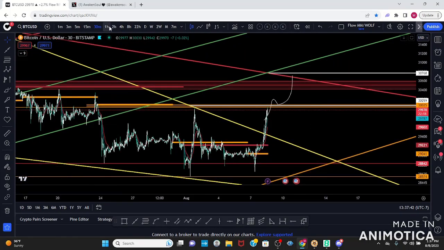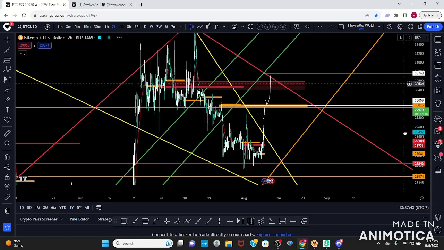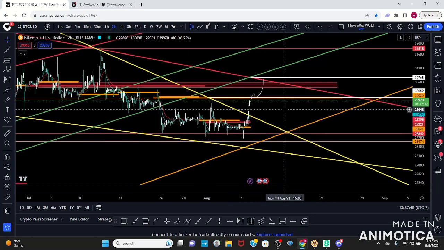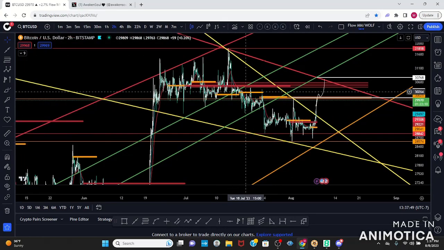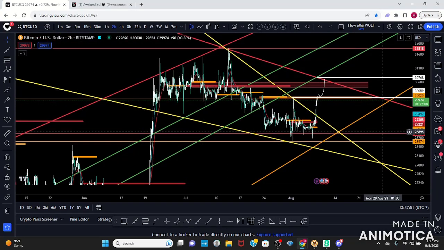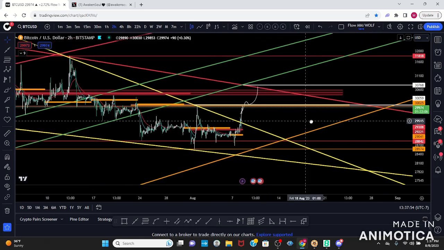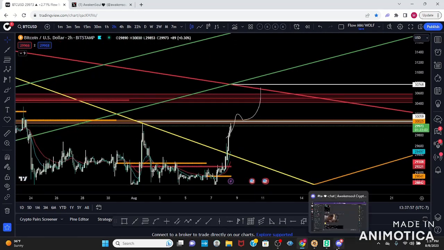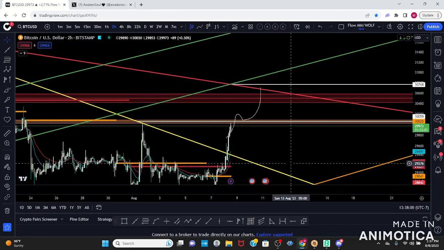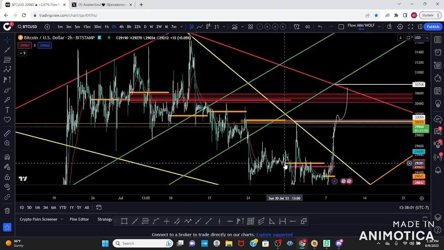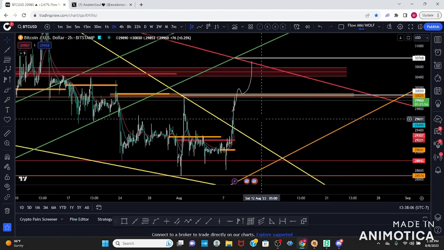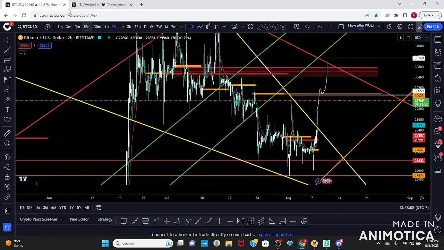This is just one contraction phase, and as you can see, this is just another lower high, right? Technically, we're still continuing to the downside. So be aware of that. Like I said, it could come all the way to 3,700s, and it's okay. And like another shorting opportunity.